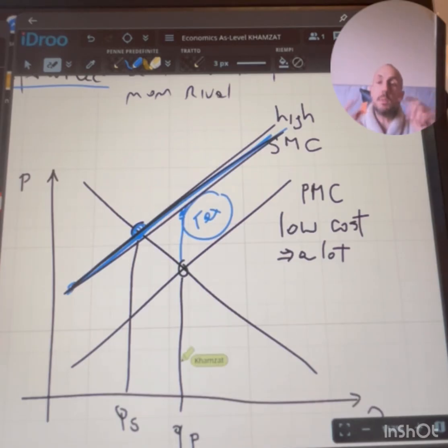What is the difference between the tax and the tradable permit? What, in your opinion, is going to be better? Working better, I mean. It really depends on the type of good. So you said, as you said, the trading permits limit the supply, right? Yes. So the production is limited. Yes.